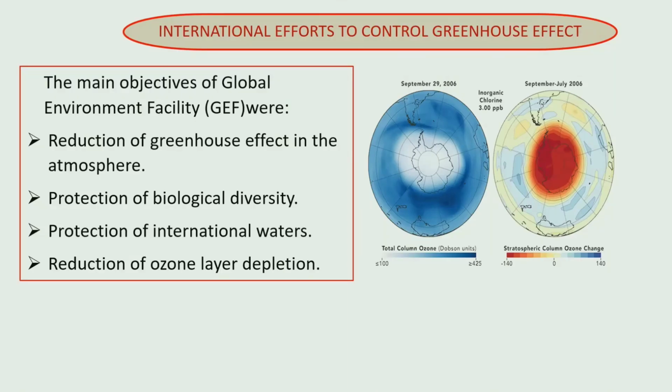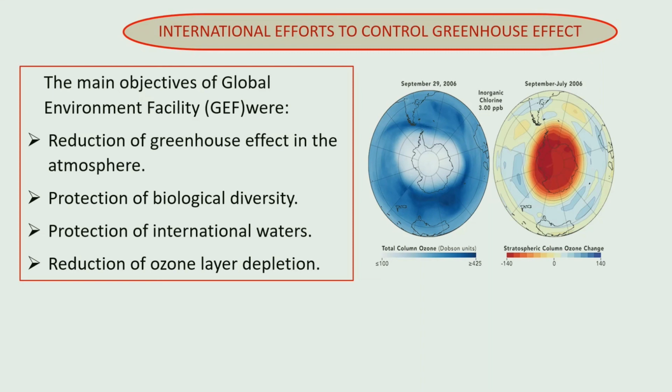So the main objectives of the GEF, that is the Global Environmental Facility, were the reduction of the greenhouse effect in the atmosphere. The first objective was to reduce the greenhouse effect.